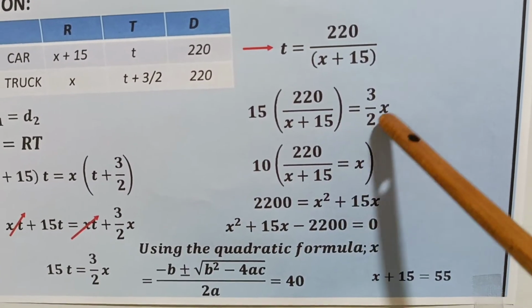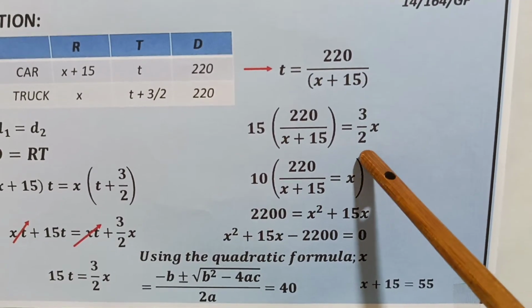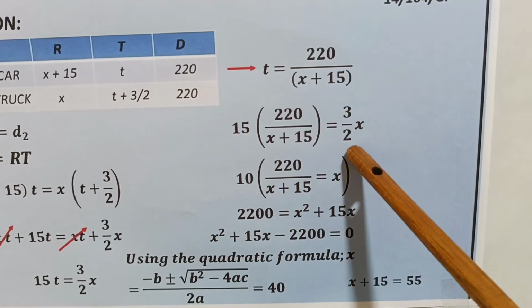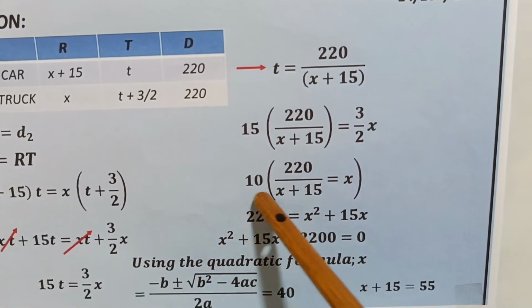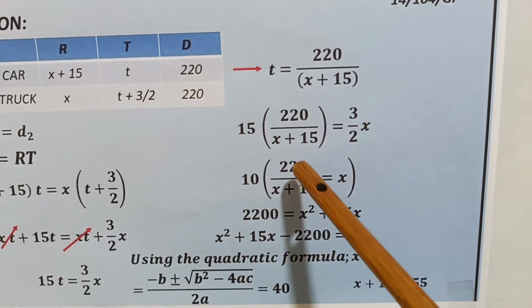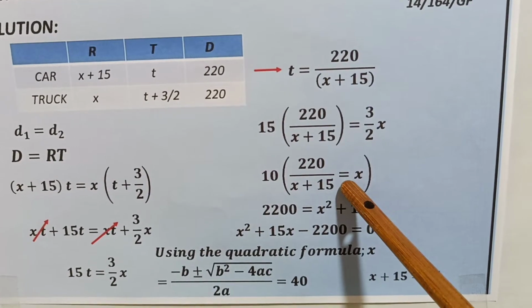We multiply both sides of the equation by 2/3 to cancel out this one. If we multiply both sides of the equation by t, this one becomes x, and this one becomes 10. So 10 times the quantity 220 over x plus 15 is equal to x.